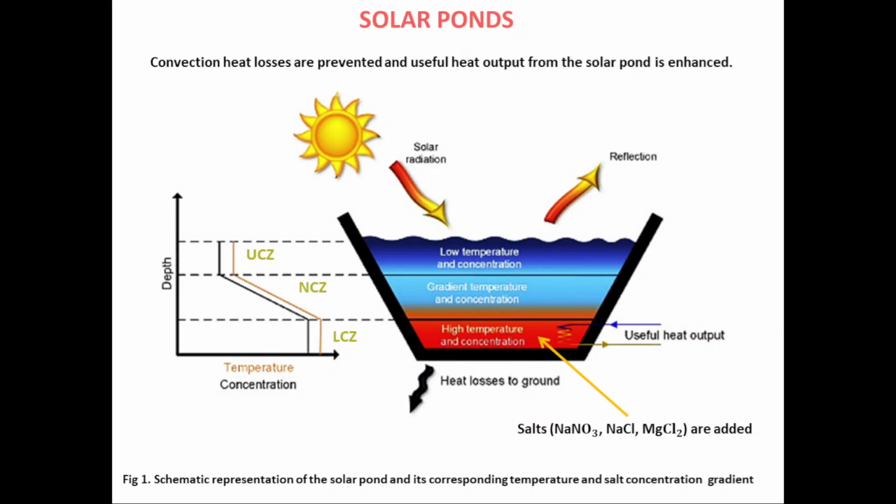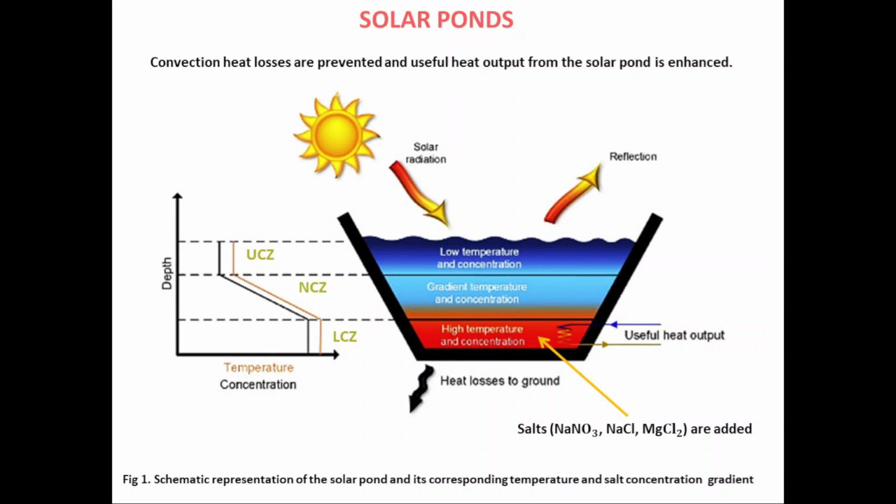So a solar pond is nothing but an artificially constructed pond which is specifically used for the thermal energy storage system, or to harness thermal energy. One question that could arise is, why don't we use a normal pond?